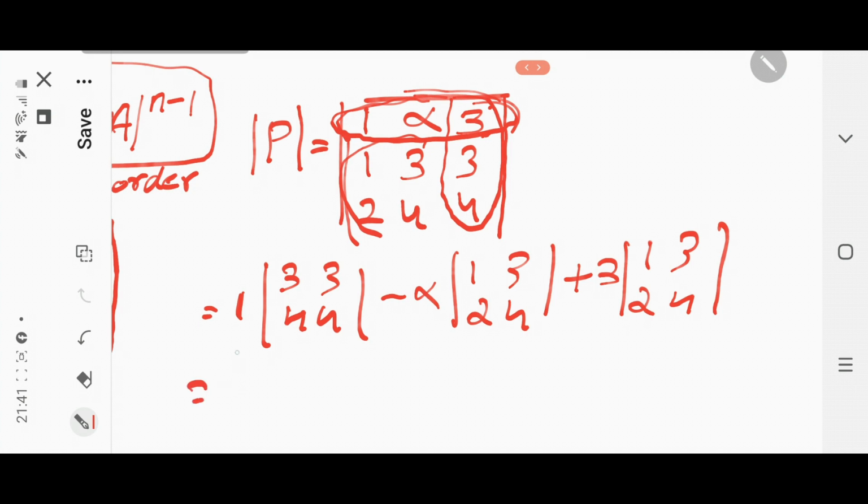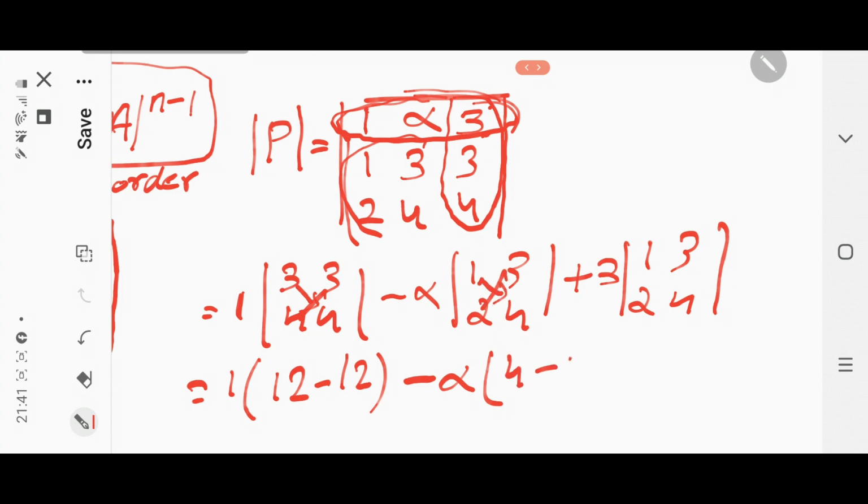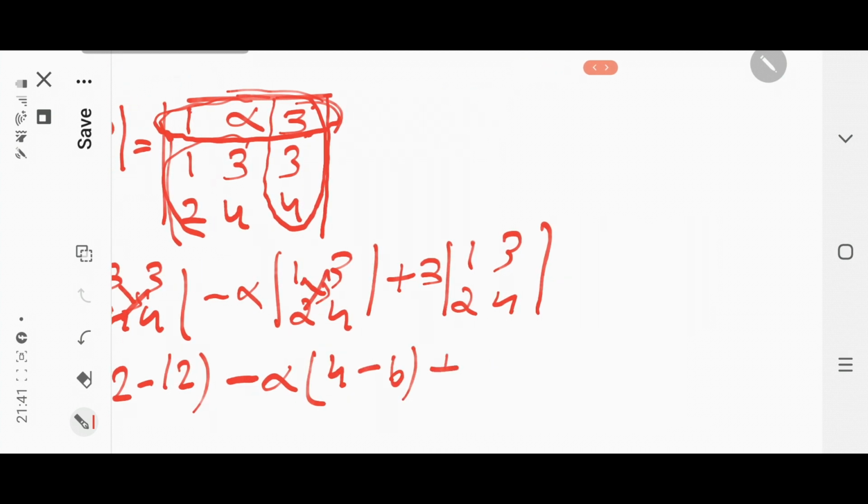Now to solve this: 1 into (3 into 4, which is 12, minus 12), minus alpha into (1 into 4 minus 3 into 2, 6), plus 3 into (1 into 4 minus 2 into 3, 6).